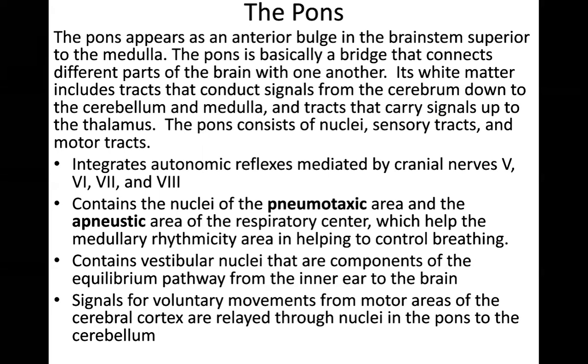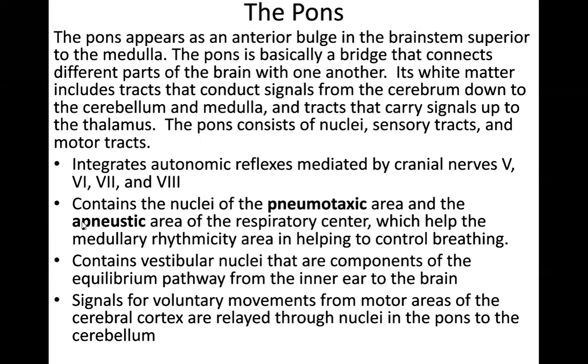The cranial nerves 5, 6, 7, and 8 are associated with it, integrating the autonomic reflexes associated with those. Like I said, we'll talk about these cranial nerves and specifically what they do later on this lecture. Probably the most important thing to highlight or star would be that second bullet. It contains nuclei of what we call the pneumotaxic and apneustic areas.